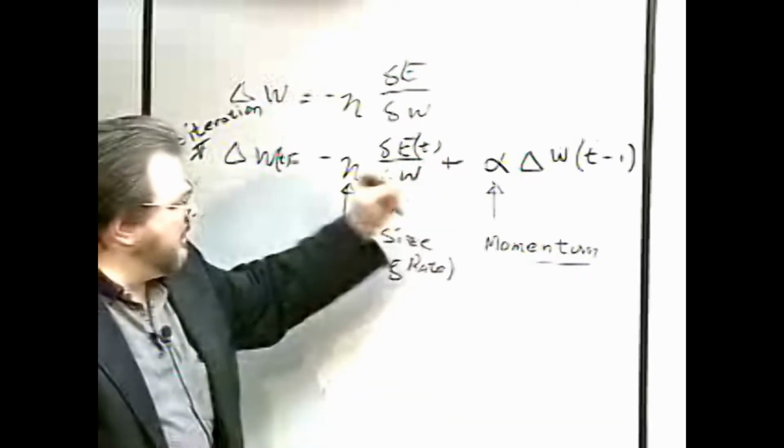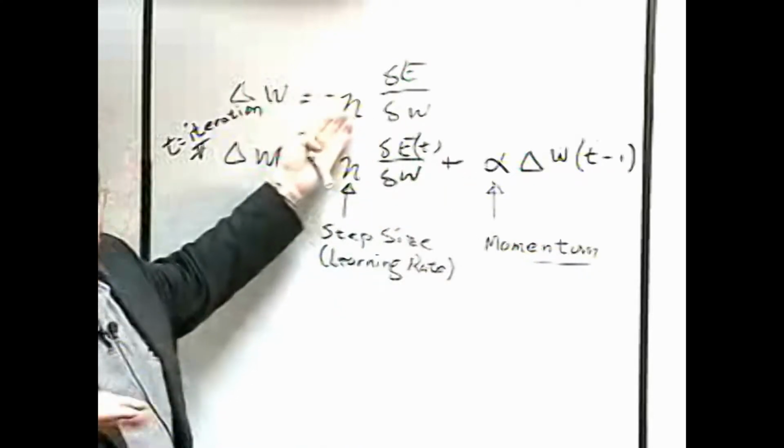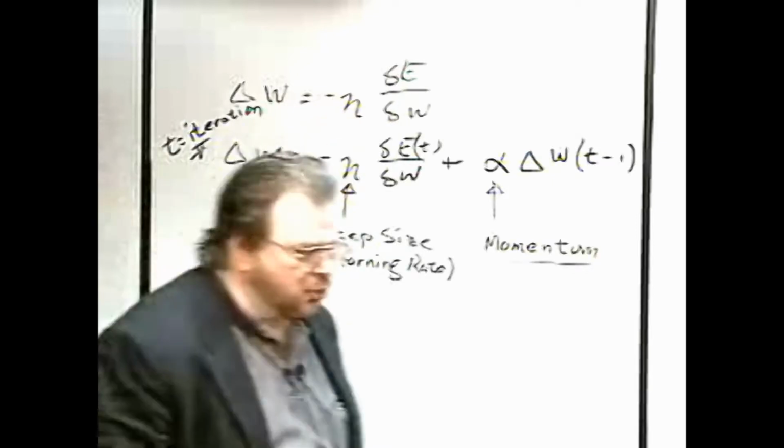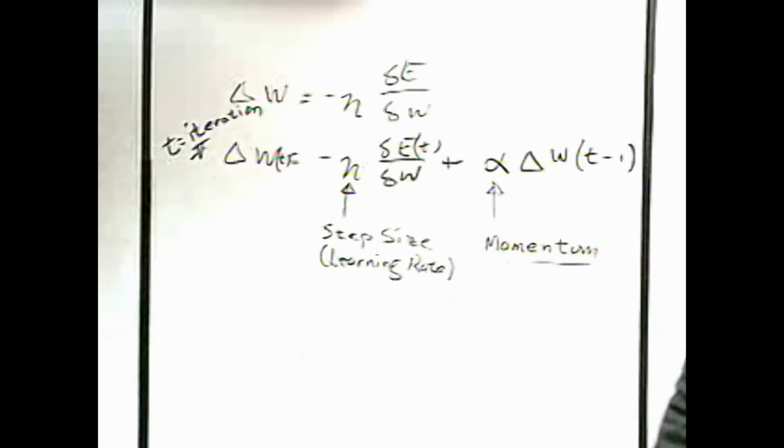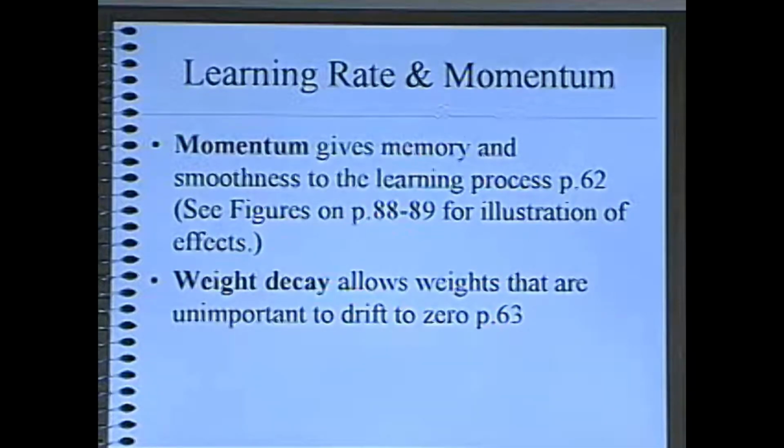If you don't have any momentum, you can jerk around a little bit too much, and that can keep you from getting where you want to go also. Now, there are some figures, which I'll now share with you. These are on page 88 of your text, which show the difference between having momentum and not having momentum.